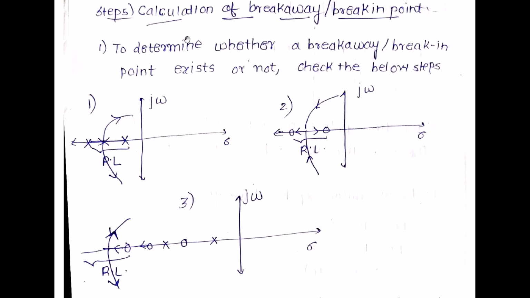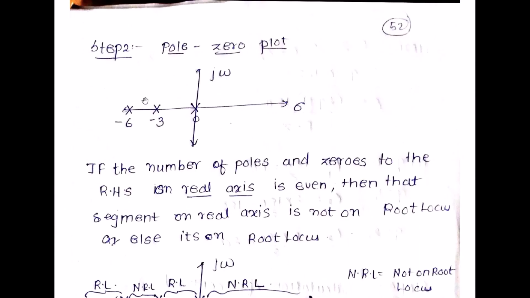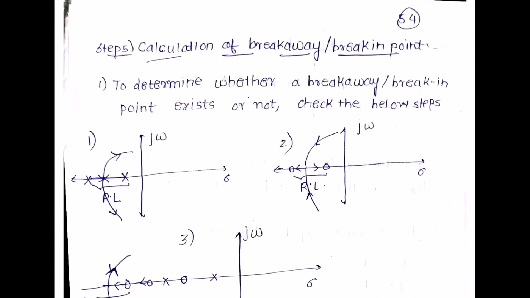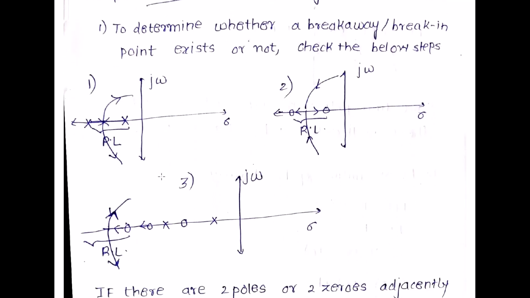The next thing is the calculation of breakaway or break-in point. So what is the calculation of breakaway or break-in point? Once you plot a particular pole-zero plot, like for example, we have plotted this particular pole-zero plot, to understand whether a breakaway or break-in point will exist or not, you have to check the following things.